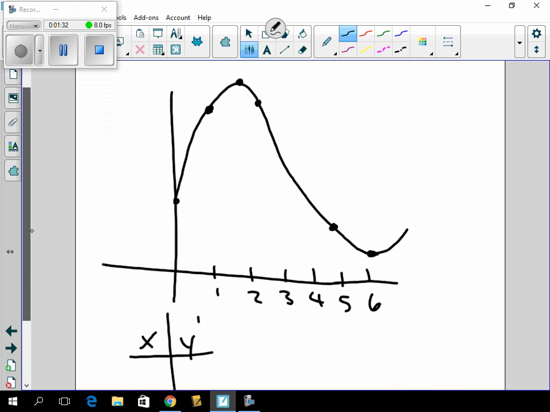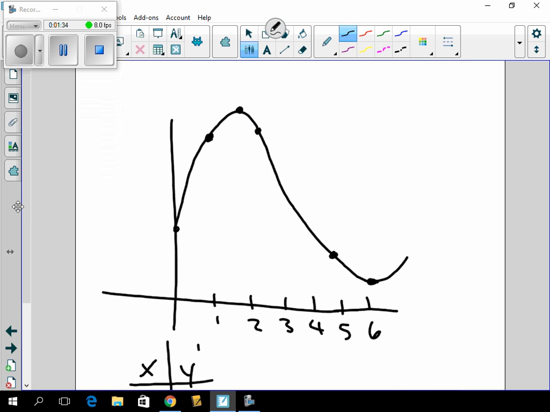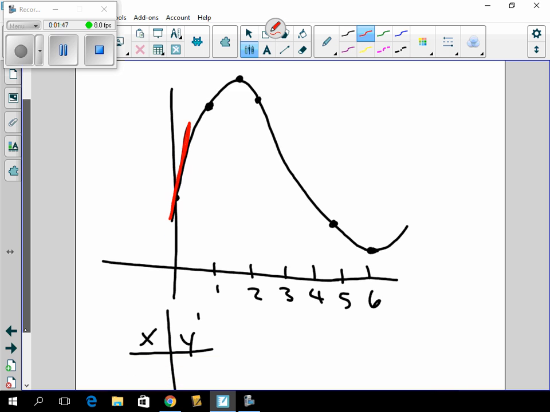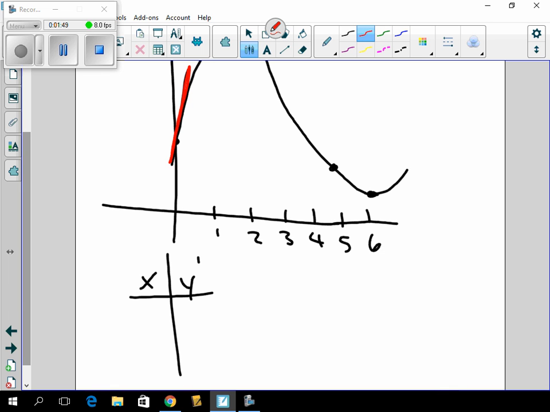And I don't have really exact values here, so I'm just going to guesstimate. This slope, let me use a different color. This slope, I'm going to guesstimate as about 4. So my x value at 0, my slope is 4.